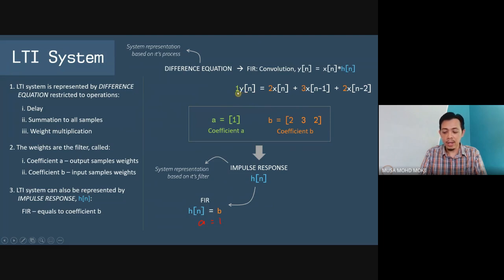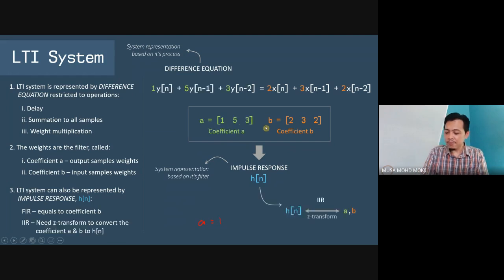For y[n], you cannot have a multiplier other than 1, because we are trying to find the output. We don't want to find 2 times the output or half of the output. So the value a equals 1 for y[n] is fixed. You're not going to change this, because it's not reasonable, it's not logical to have 2 times outputs. It's supposed to be just the output, y[n].